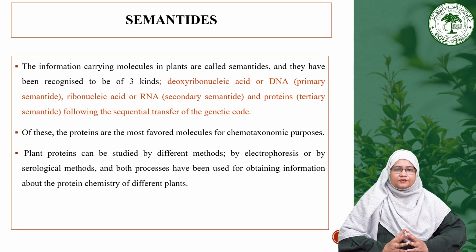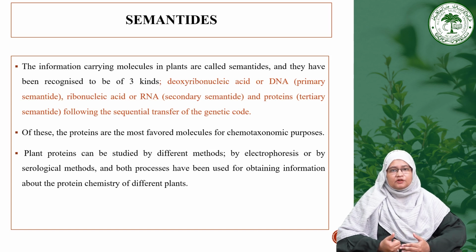Then, as we have seen the micromolecules and macromolecules, the next group of compounds is the semantides. Semantides are information-carrying molecules in plants, and they have been recognized to be of three kinds: deoxyribonucleic acid or DNA, which is the primary semantide, ribonucleic acid or RNA, which is called the secondary semantide, and protein, which is called the tertiary semantide.